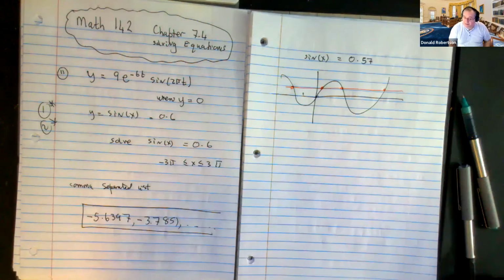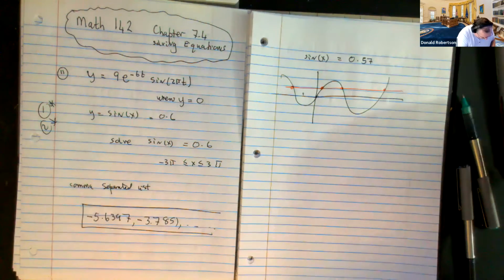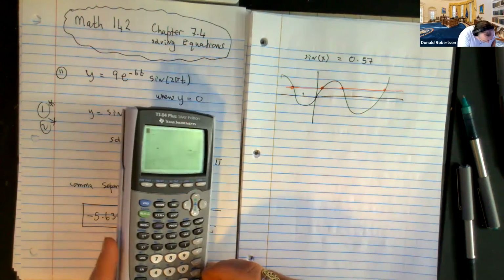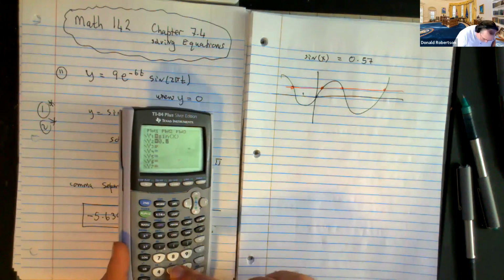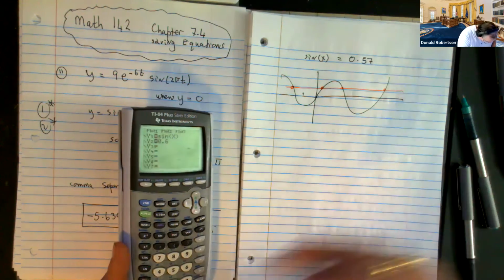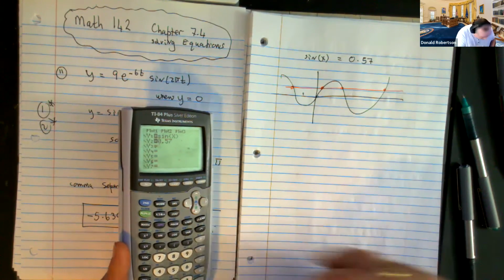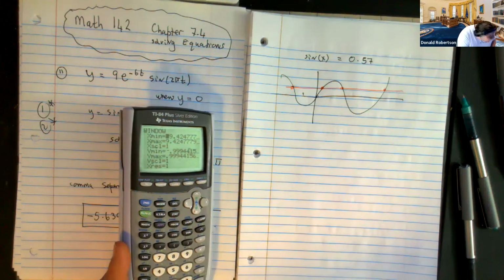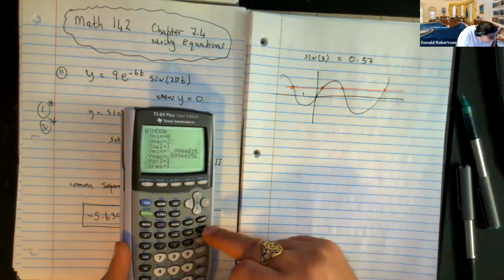Great. So on your calculator, I'll do it this way because it's also quicker. I'm going to do y equals sine x again, and I'll change this to 0.57. What are we interested in? I'm interested in the answers from 0 to 2 pi. Typically, that's the range I would look at.